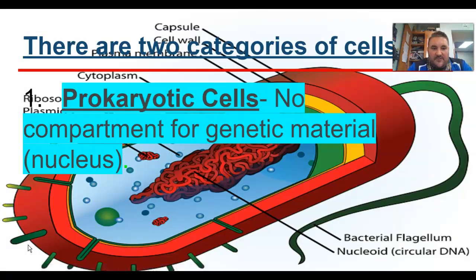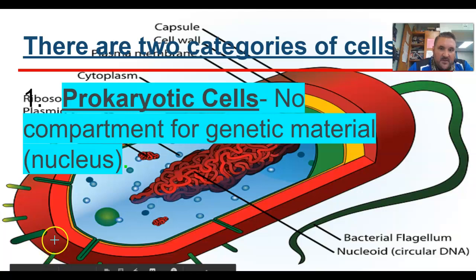There are two types of cells. We have the prokaryotic. A prokaryotic cell starts with the root word pro. In this case, pro is no nucleus. Pro and no, they should remind you. Karyo actually means nucleus.